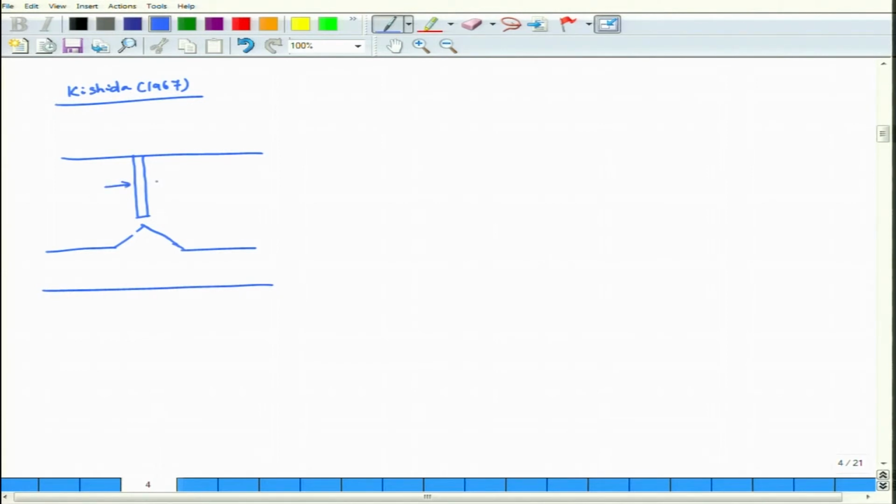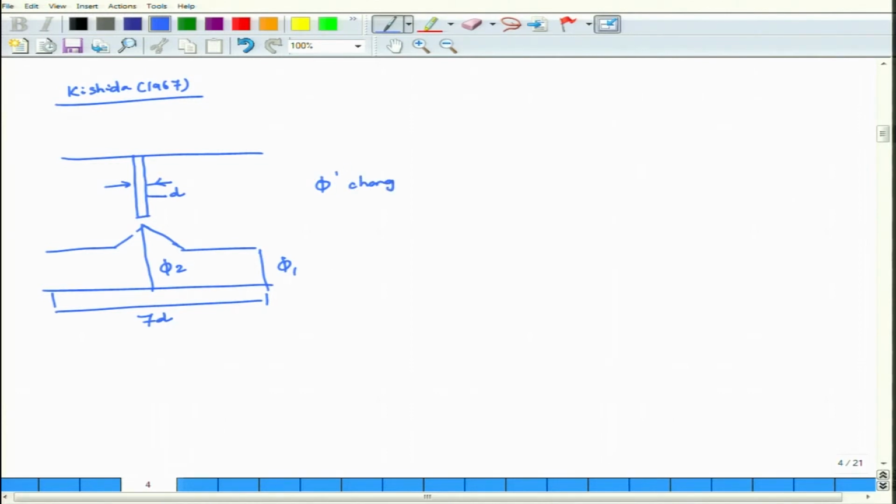If this is my diameter, if this is phi 1 and this will be phi 2, and this gives your 7D. What does it say?